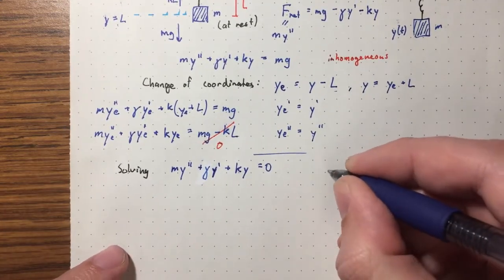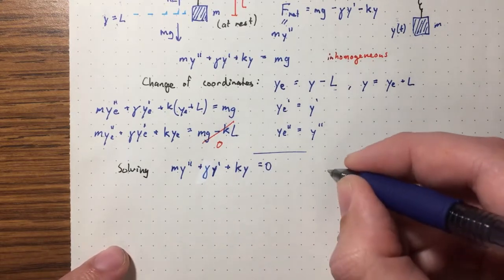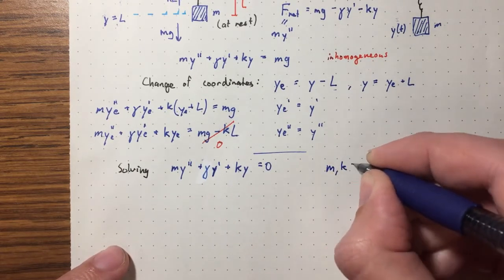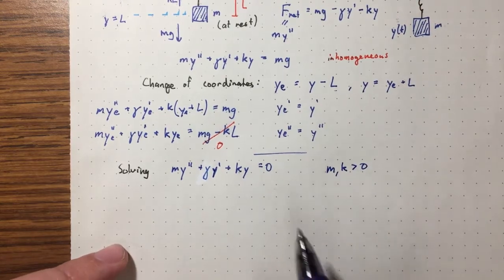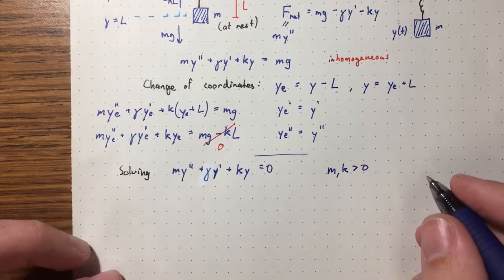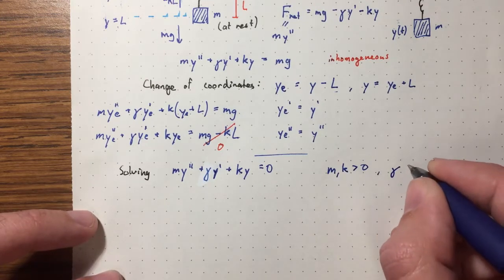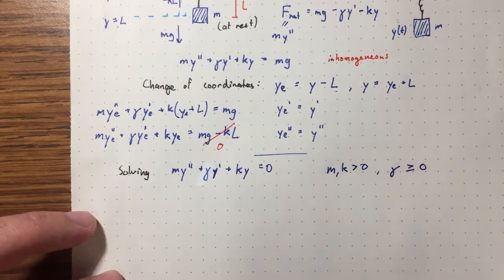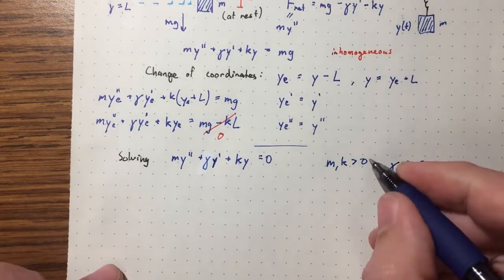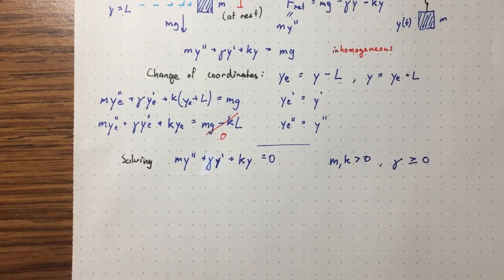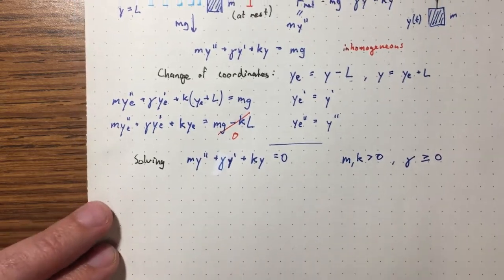Certainly m and k are going to be positive, or else we don't have a mass and we don't have a spring, so we can't even talk about it. And then we'll let gamma be possibly 0, but cannot be negative. So all of these are not going to be negative. And let's keep that in mind in our analysis.